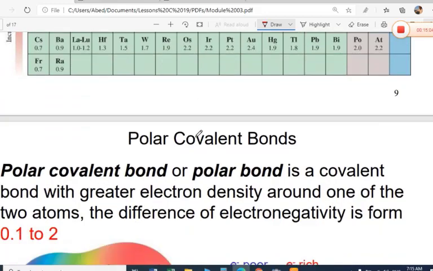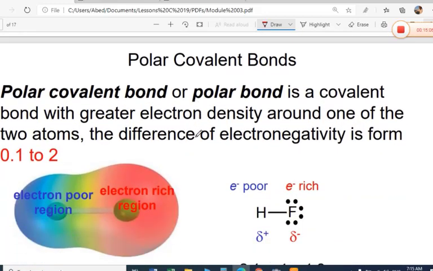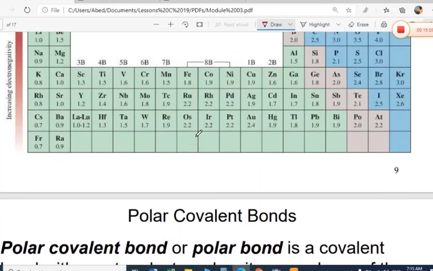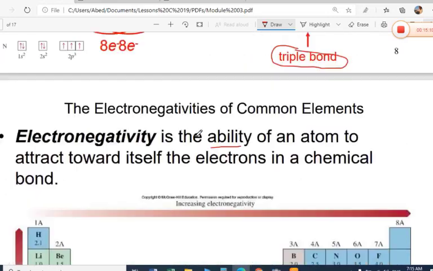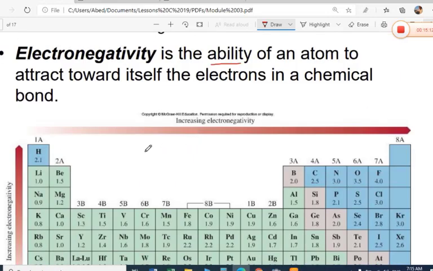Let me teach you the simple way with an example of electronegativity. Suppose the bond is formed between hydrogen and chlorine. Hydrogen has one proton in the nucleus and one electron in the orbit outside the nucleus.